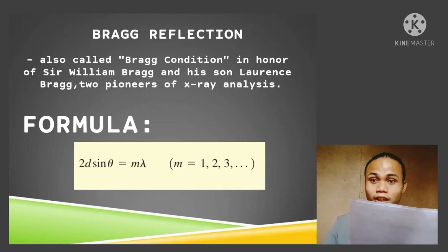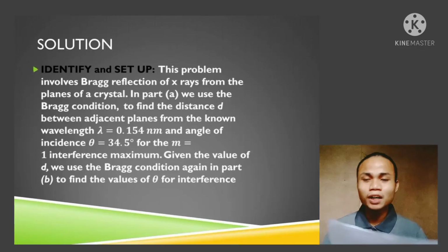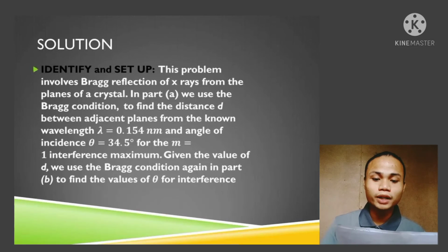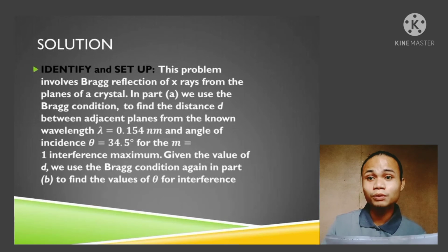So in part A, we use the Bragg condition to find the distance d between adjacent planes from the known wavelength, which is 0.154 nanometer, the angle of incidence, which is 34.5 degrees, and the interference maximum, which is 1.